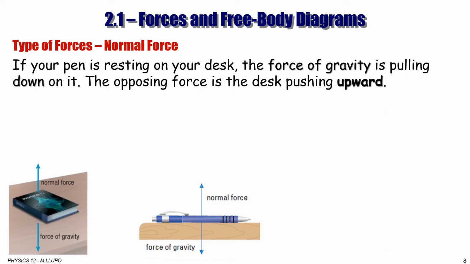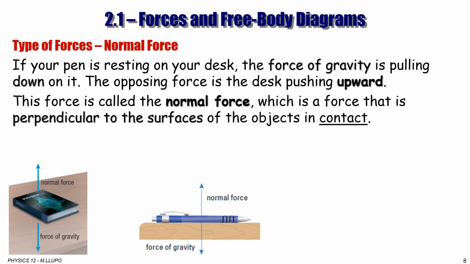One important type of force that we're going to learn is the normal force. Let's take a look. If the pen is resting on a desk, the force of gravity is pulling it down. But why is it not falling down? So, of course, the desk is holding it. So the opposing force is the desk pushing it upward to cancel the force of gravity.